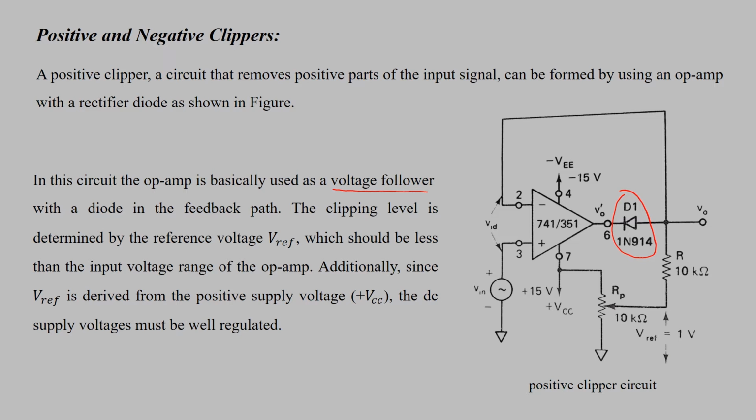The clipping level is determined by the reference voltage, which should be less than the input voltage range of the op-amp. Additionally, since the reference is derived from the positive voltage supply, the DC supply voltages must be well regulated.